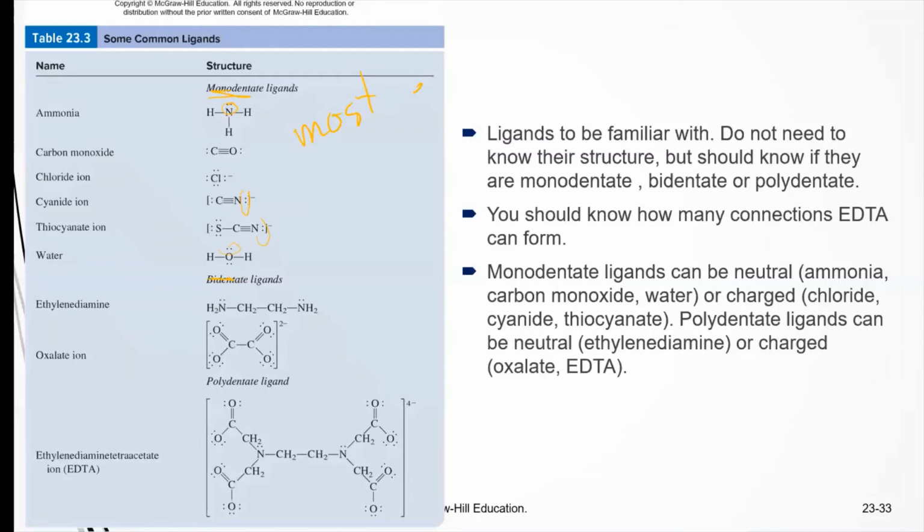Typically, it's your most electronegative atom that is going to donate its lone pair to connect with that metal, right? And that's because it's going to have your largest partial negative, compared to the partial positive of your metal.